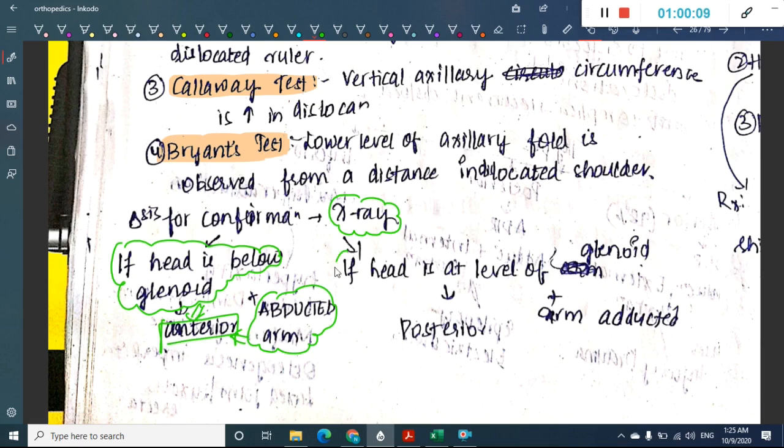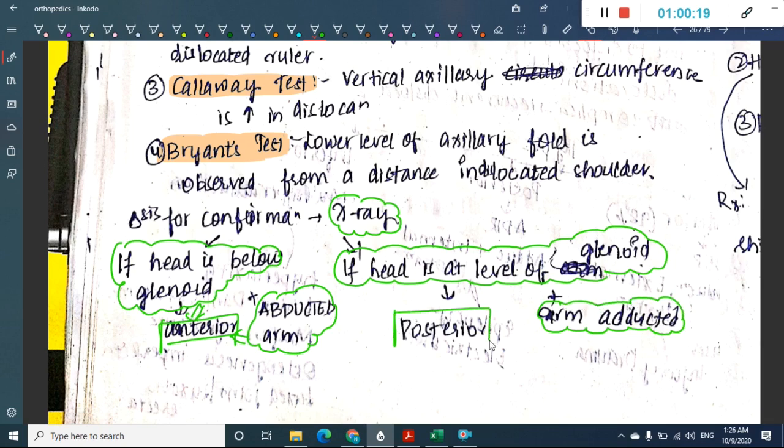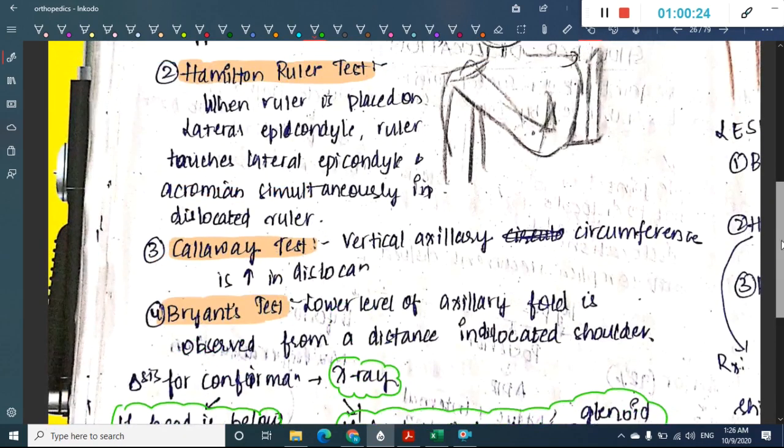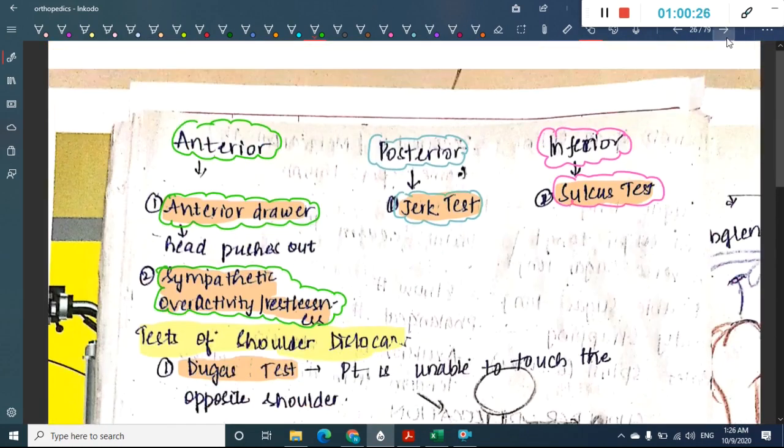And if the head is present at the level of the glenoid with an adducted arm, then we call it posterior dislocation. This is how we diagnose shoulder dislocation.